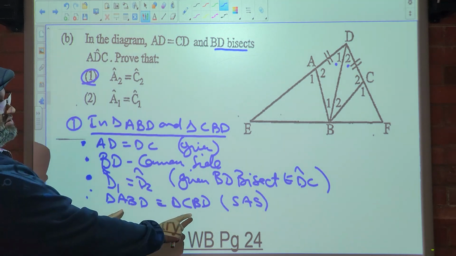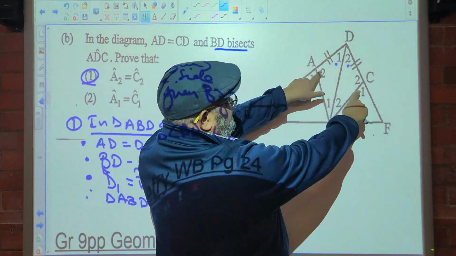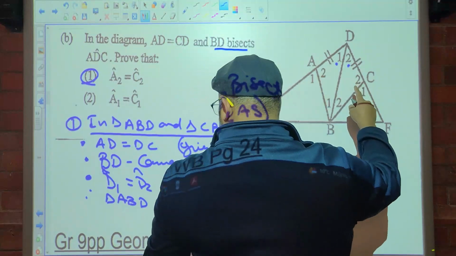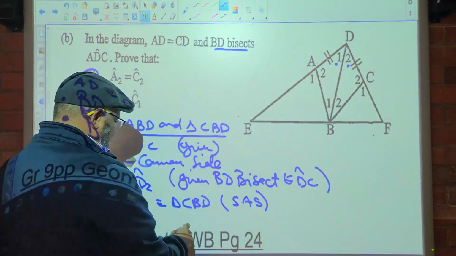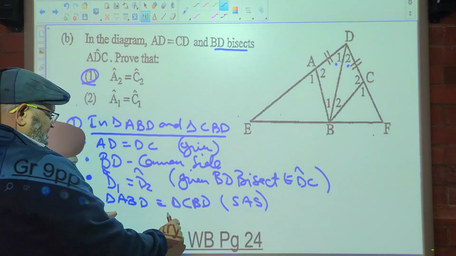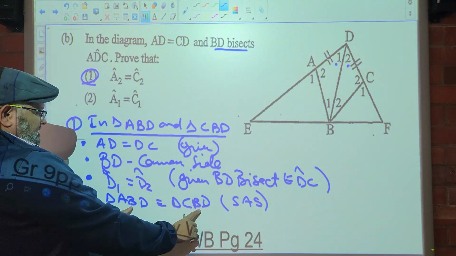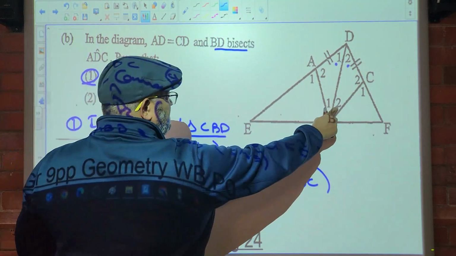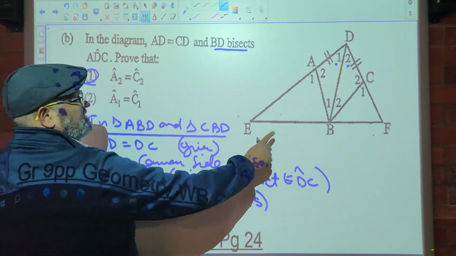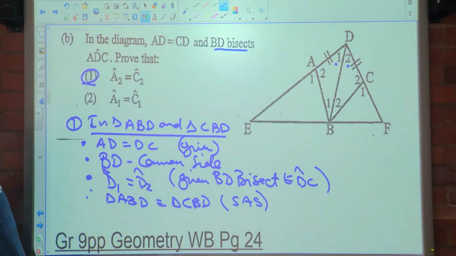So angle A is equal to angle C, sorry, I read this as a D. In those two triangles, angle A is equal to angle C, angle B is equal to angle B, and angle D is equal to angle D. Can you see that, people?